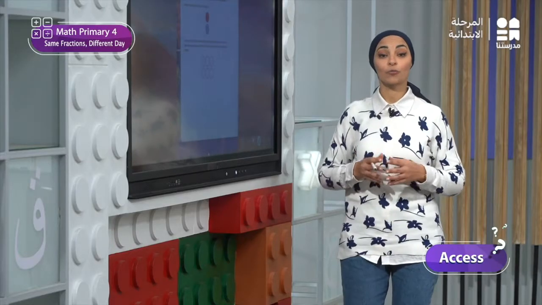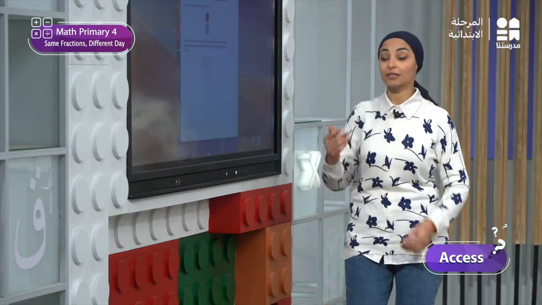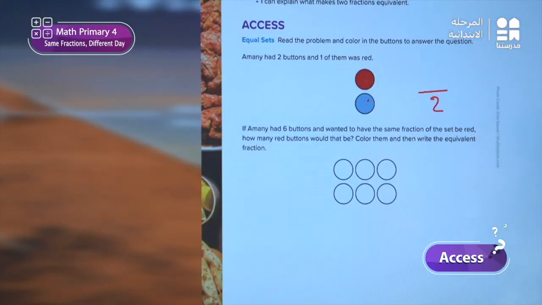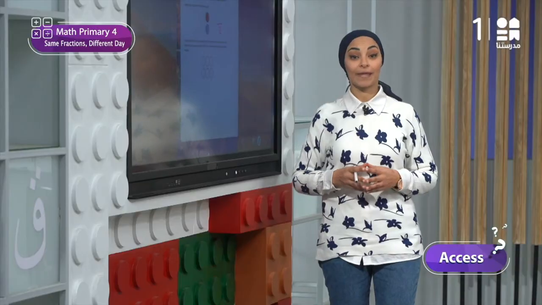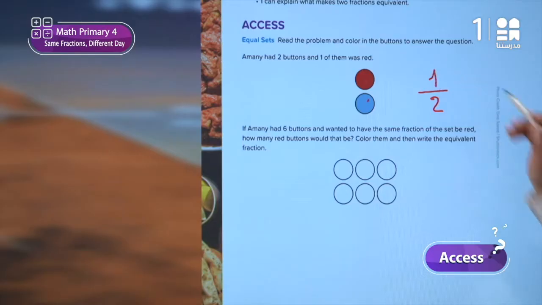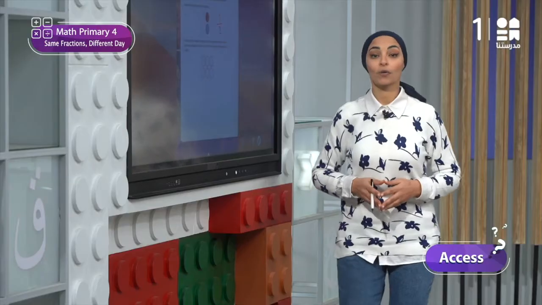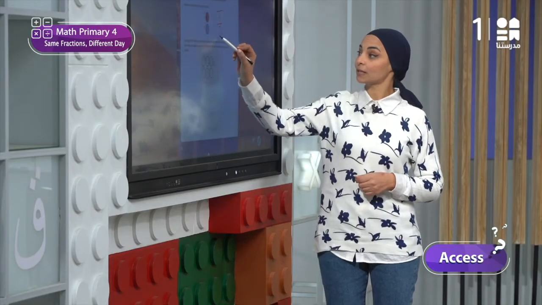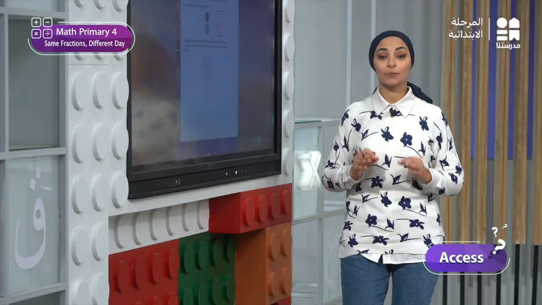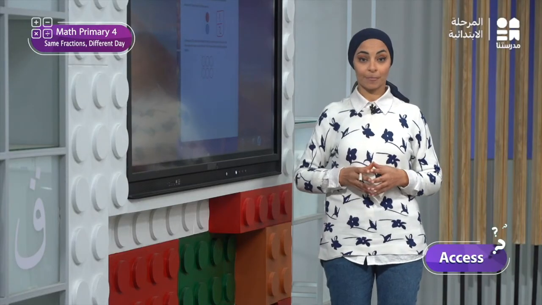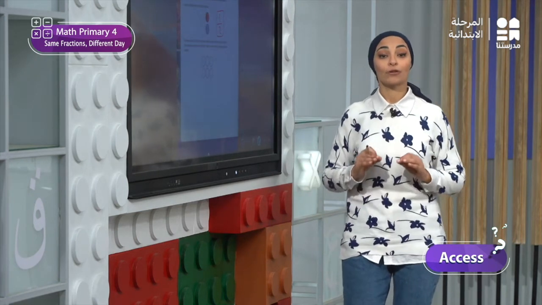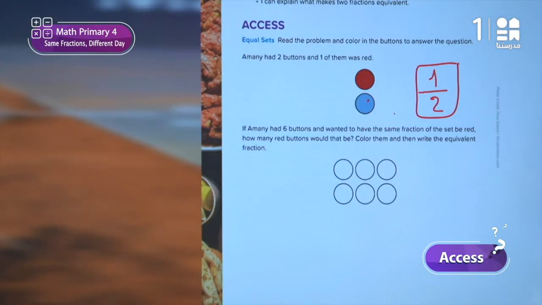The total number of buttons is 2, so I write 2 in the denominator, right? What about the numerator? I have only 1 red button, so I write 1 in the numerator, right? So the fraction of the red button is half, or 1/2, and this is the fraction that represents the first part.